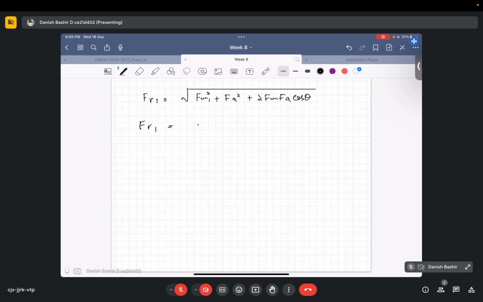So I will get Fr1 if I plug in all the values of theta and all. Fr1 comes out to be 0.599 P. Similarly, for Fr2, since there is no angle between the forces, it will be equal to Fa plus Fm2.